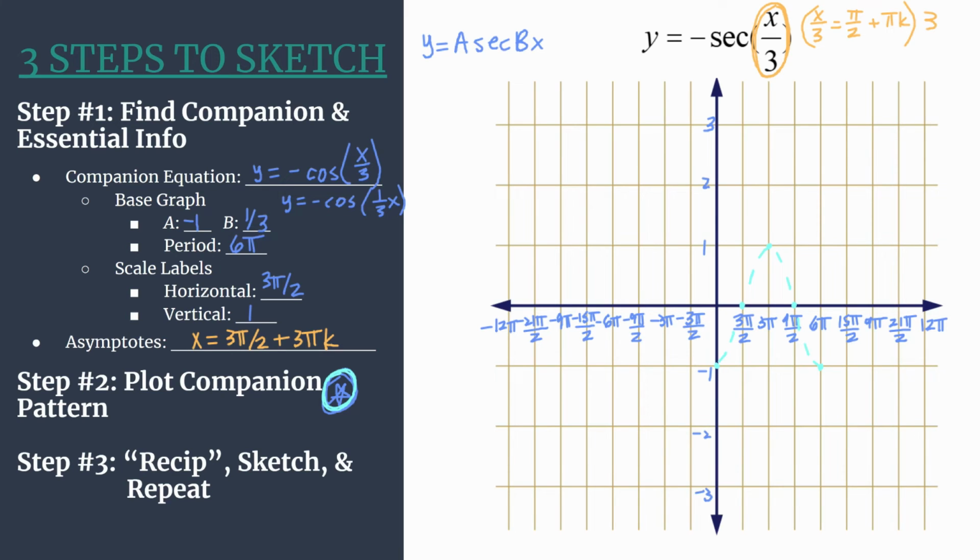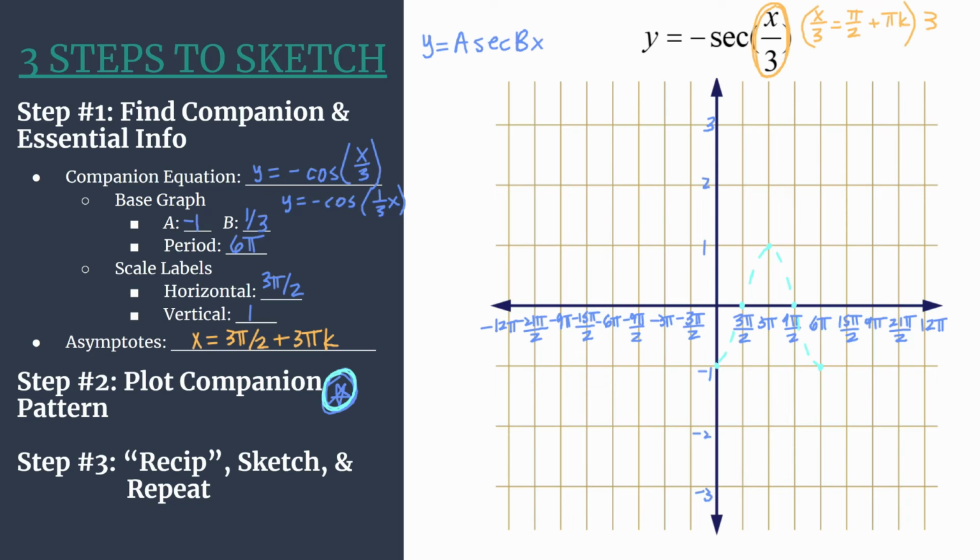And now we're finally ready for the most fun step, where we recip, sketch, and repeat. So the cool thing with this method is we aren't actually having to go in and take literal reciprocals of all the y-coordinates. We know that the minimums of our companion equation become the local maximums or the relative maximums of our secant curves. And then all the maximums from our companion equation become local minimums of our secant curves.